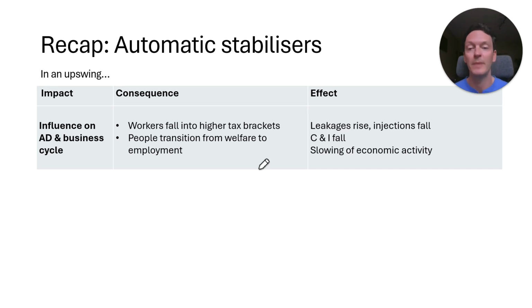And as a result of people transitioning from welfare to employment, the level of injections, the money pumping into the economy, will actually fall. And so collectively, with both a rise in leakages on the income tax side and a fall in injections on the welfare side, there'll be less money circulating around the economy and therefore a slowing of economic activity.